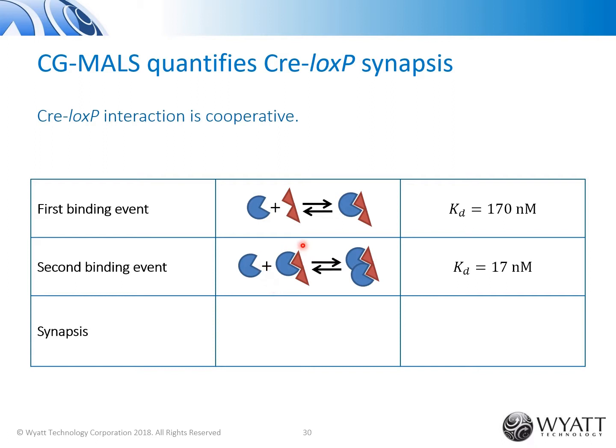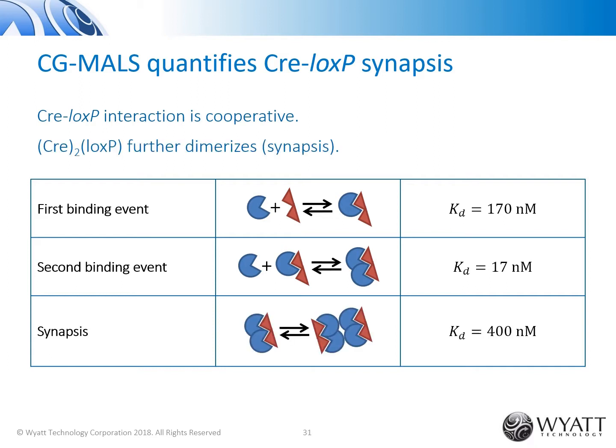So having one Cre protein bound to the DNA increases the affinity for the second one, and we see a 10-fold reduction in Kd, and the second binding event happens with a Kd of 17 nanomolar. Finally, this Cre-LOXP heterotetramer dimerizes in a process called synapsis. Under these conditions, we find that the dimer forms with an affinity of 400 nanomolar.